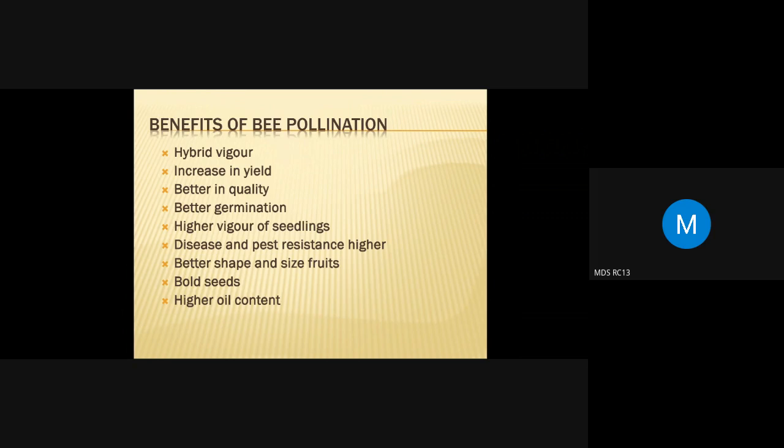Hybrid vigor of the crop: because of cross pollination, the vigor will be very high for the next generation. In the hybridization process it is used, and it increases the yield in general with respect to commercial crops, and gives better quality, because when more pollen grains settle on the female part of the flower, selectivity occurs, the survival of the fittest.